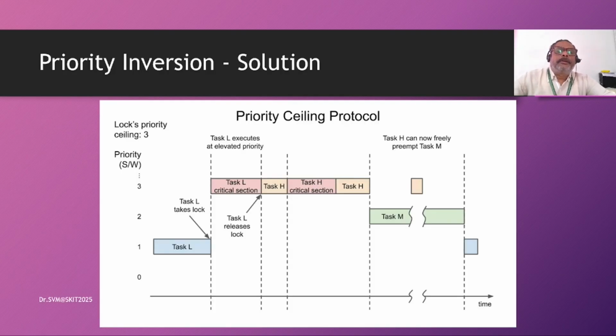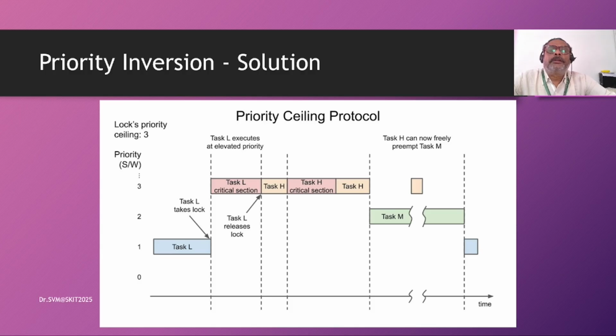In the priority ceiling protocol, whenever a low priority task gets a chance to run, it means that at that time no higher priority processes were ready to run, therefore the low priority process starts its execution. As long as it is executing in its non-critical section, there won't be any problem.